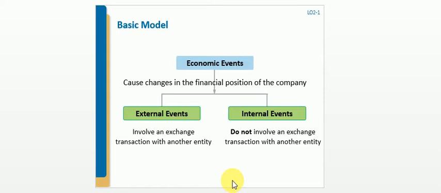External events involve an exchange transaction with another entity, another business organization, another corporation, while internal events are the type of economic activity that don't involve an exchange transaction with another entity.